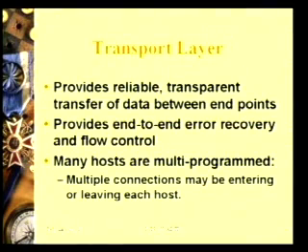Many hosts are multi-programmed. Multiple connections may be entering or leaving each host. So a particular host may be participating in many different communication situations. All those things have to be looked into by the transport layer.